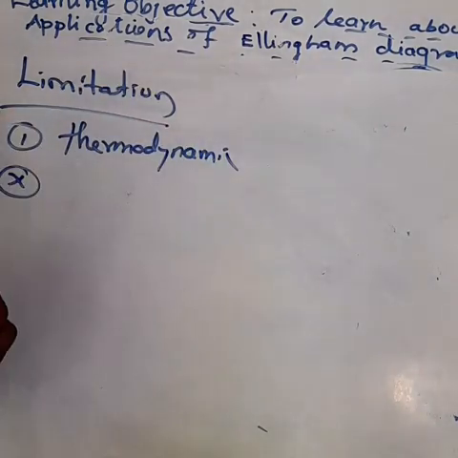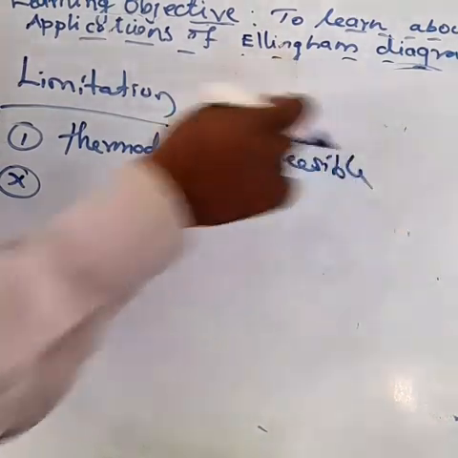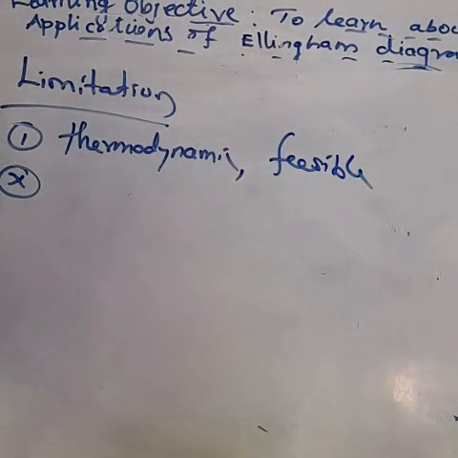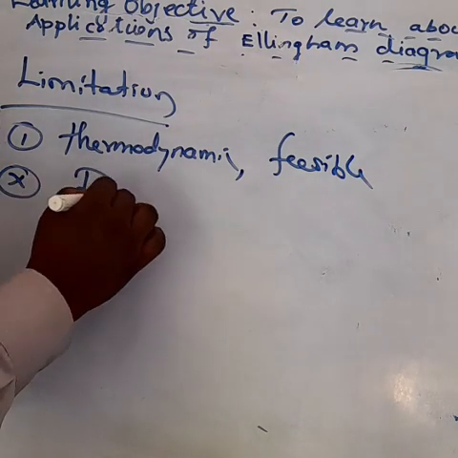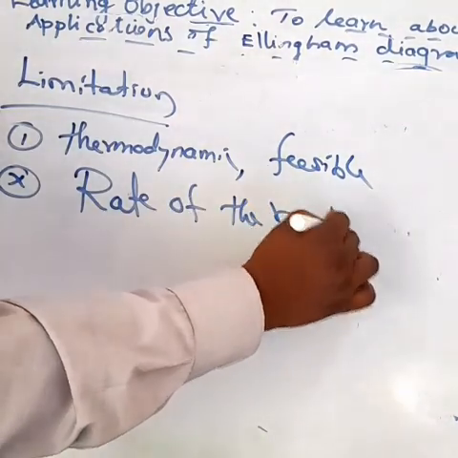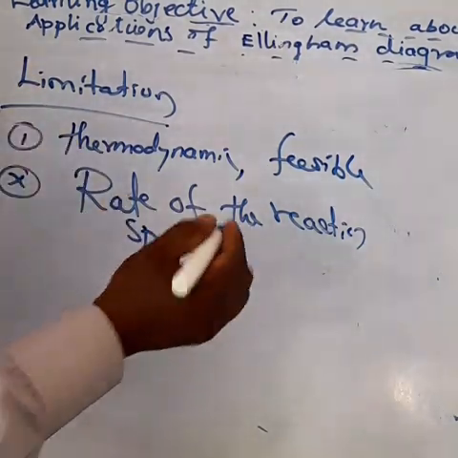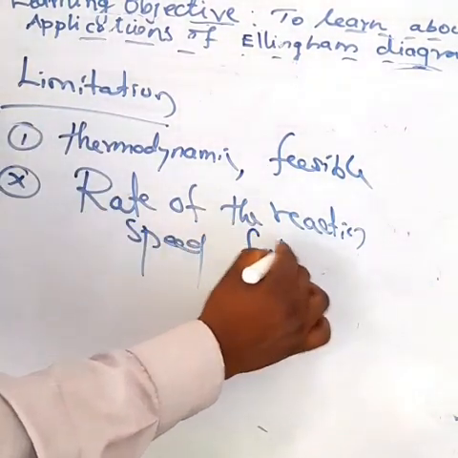It gives the information about thermodynamic feasibility. It does not tell anything about the rate of the reaction. The rate of the reaction is the speed of the reaction. The reaction may be fast or slow.